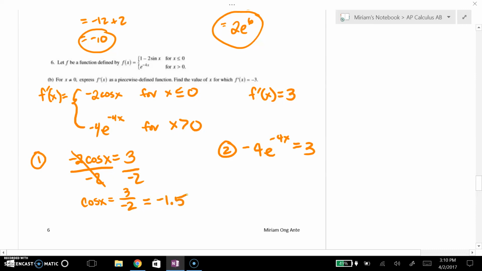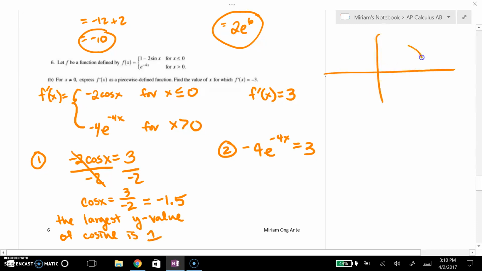This is a problem. The largest y value of cosine is 1. Because, remember the unit circle? Remember how the dots are x comma y, which is cosine comma sine?